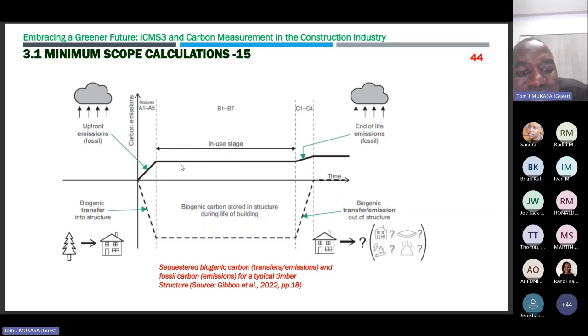It prolongs, it postpones the emission of carbon dioxide, and therefore timber gives you a net zero carbon emission because of that aspect. I'm not going to talk about the science, but I hope you can be able to follow that.